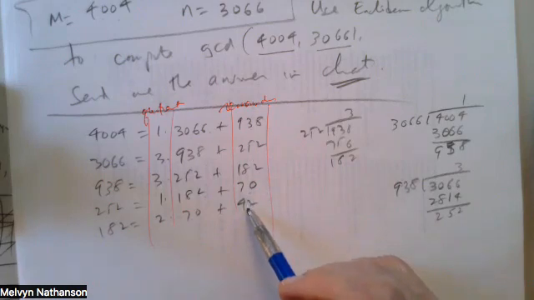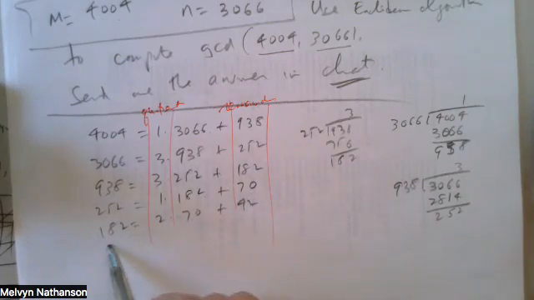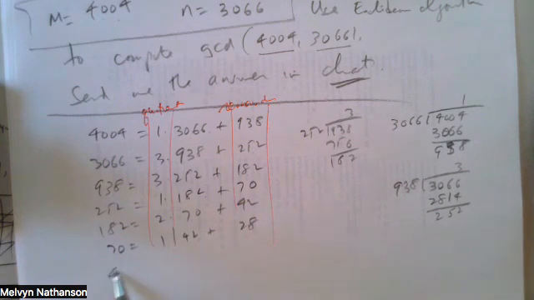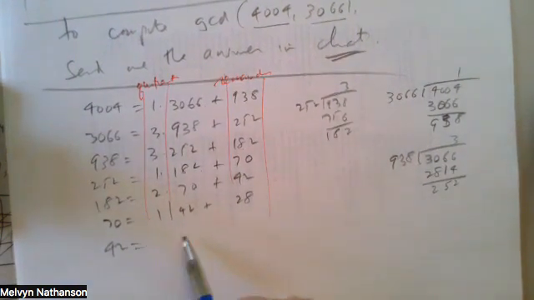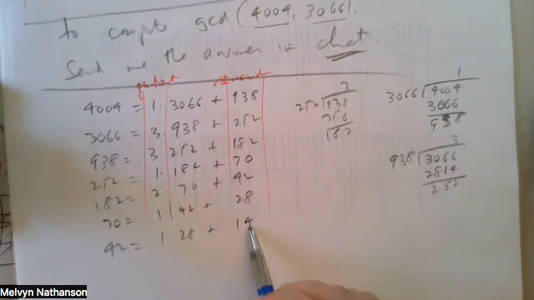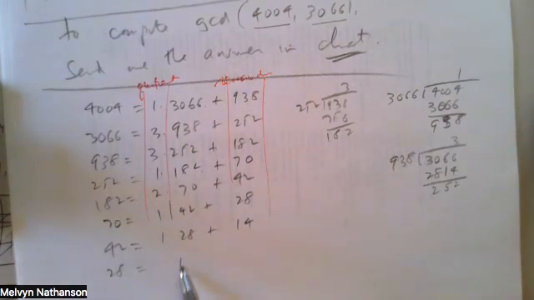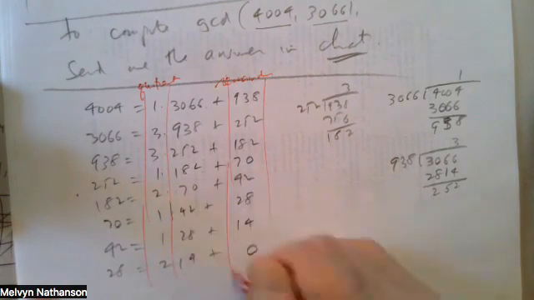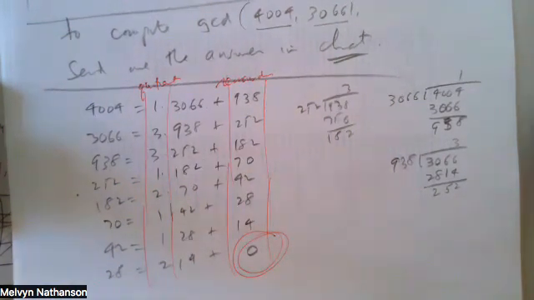You see, these remainders are positive and strictly decreasing. Divide 70 by 42, that goes once and leaves a remainder of 28. Take 42, divide it by 28, the quotient is 1 and leaves a remainder of 14. Take 28, divide it by 14, that goes 2 times, and that leaves a remainder of 0.